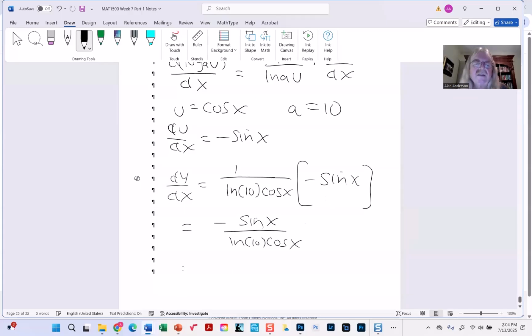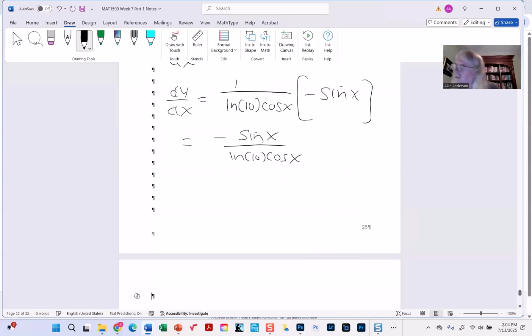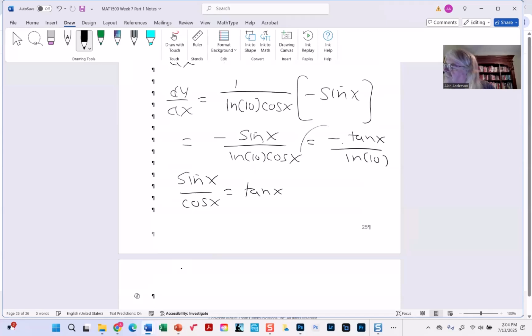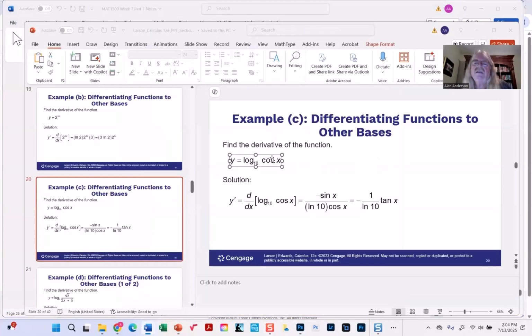One of those identities that you really should have memorized is that sine of x over cosine of x is the tangent of x. And that's how they left it.